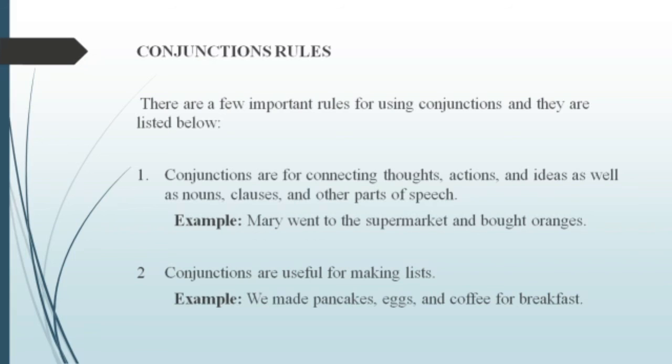The second series is she bought oranges. So when there are sequences, or a series of events, or a list of items, we use the word and. Second is again listing. Conjunctions are useful for making lists, like "we make pancakes, eggs and coffee for breakfast." Here the list of items is there and we again use a conjunction for joining these. So this is quite simple.